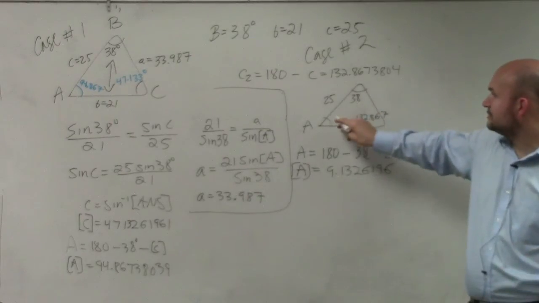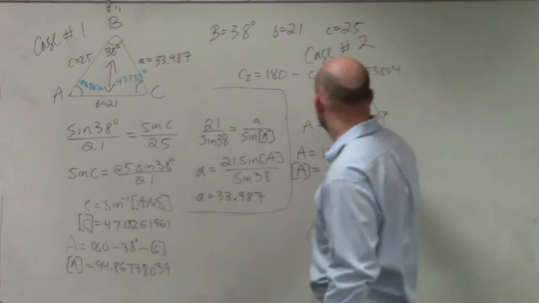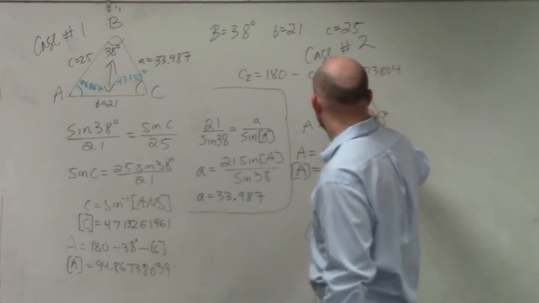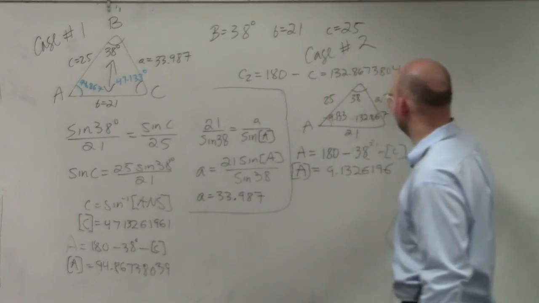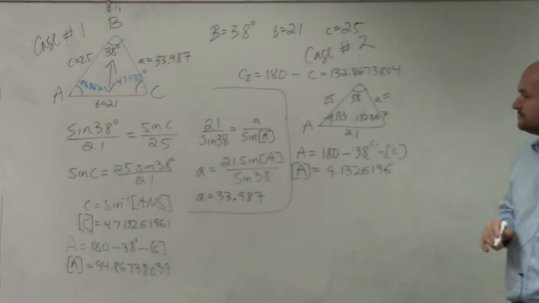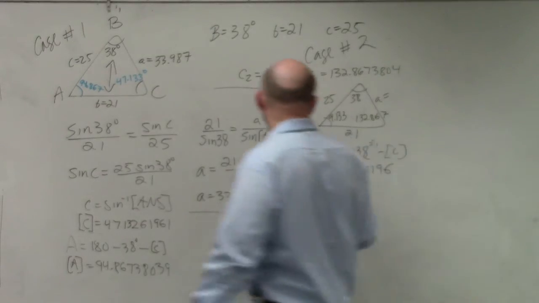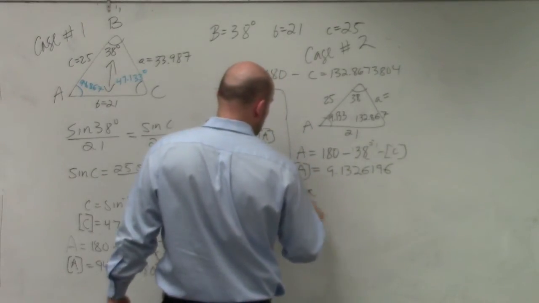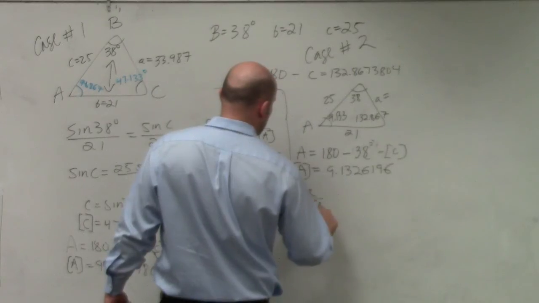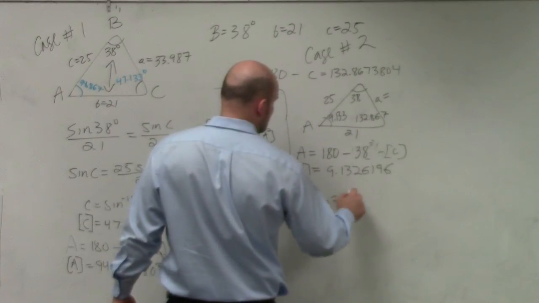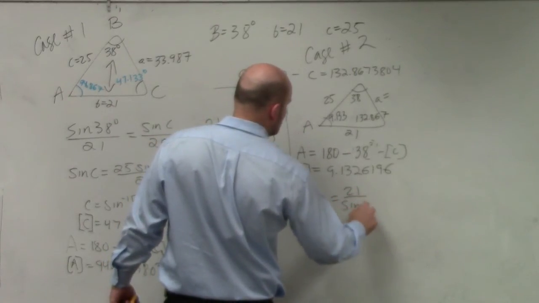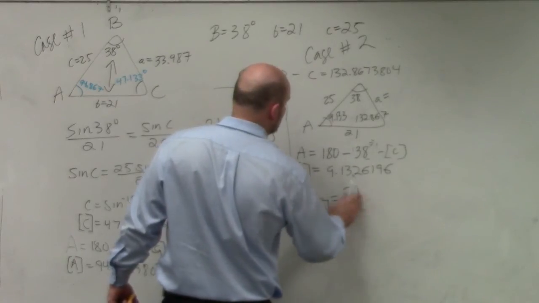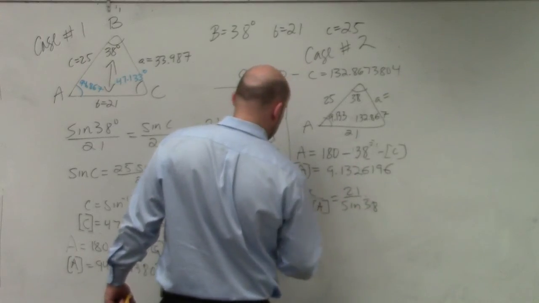Then the last thing I need to do, guys, to solve for this a is again use my law of sines. So therefore I have a over the sine of A equals 21 over the sine of 38.